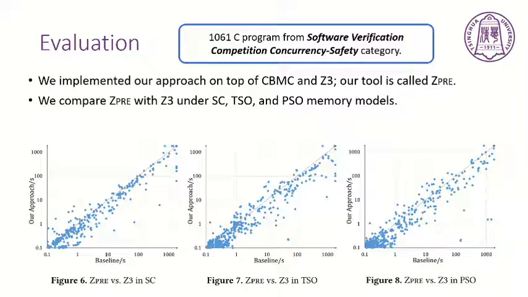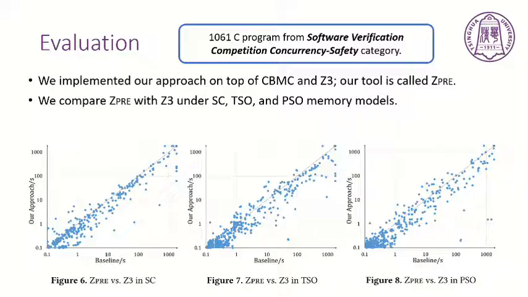Those benchmarks are collected from the software verification competition, in their concurrency safety category. First, we encode those programs into their verification condition formulas under different memory models, and we compare our tool with the traditional Z3 under those three different memory models. The following figures show our overall results.